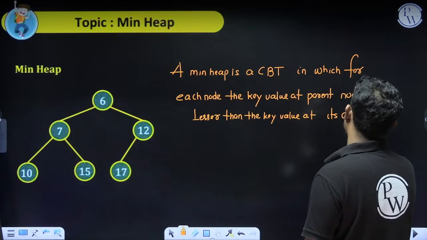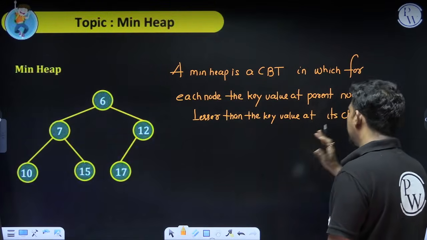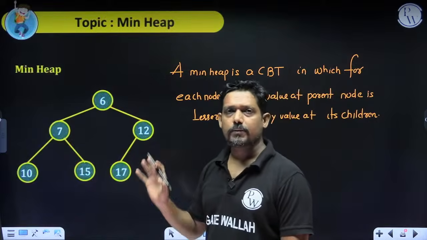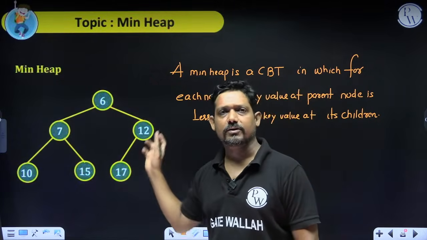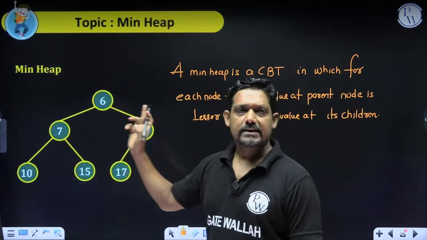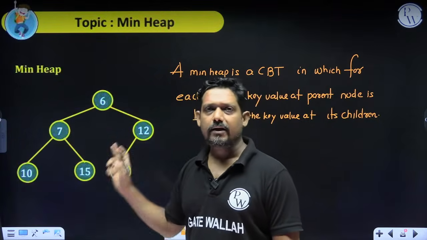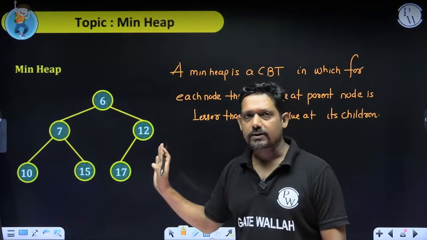Now, why do we need this? What is the application of this? Let me also tell you this, that the key value of the parent node is lesser than the key value at its children. So 6 is lesser than 7 and 12, 7 is lesser than 10 and 15, and 12 is lesser than 17. It's a CBT.